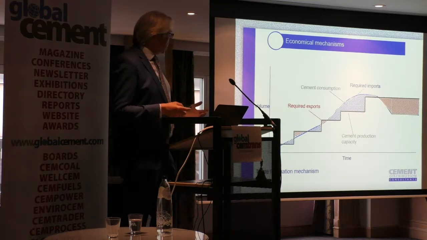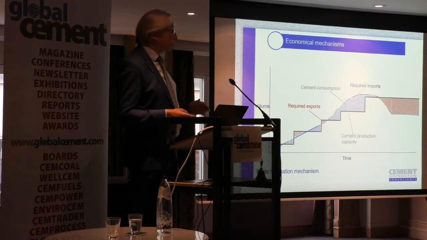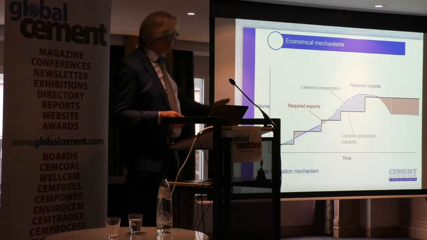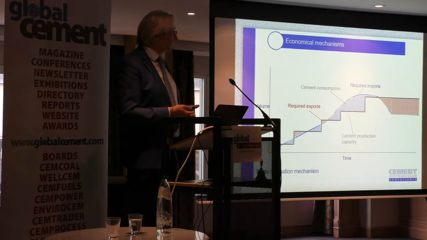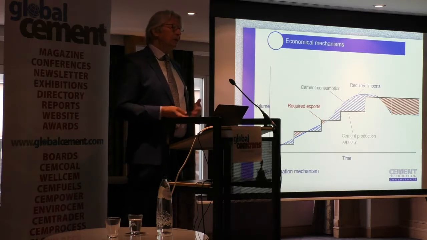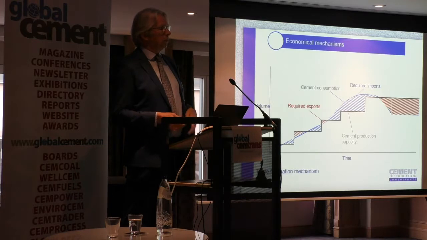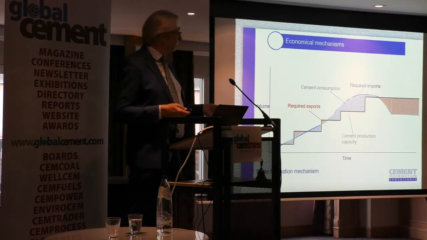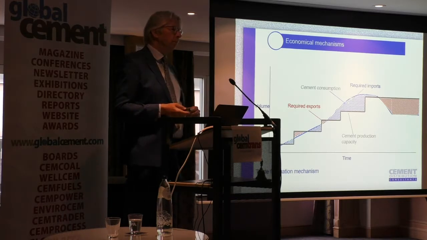And another factor that also gets into that is that whereas economical growth and cement consumption growth might grow incrementally, when you add cement production into a country, you add new kilns, new grinding plants, in which you add, let's say, 1 million ton per year production.